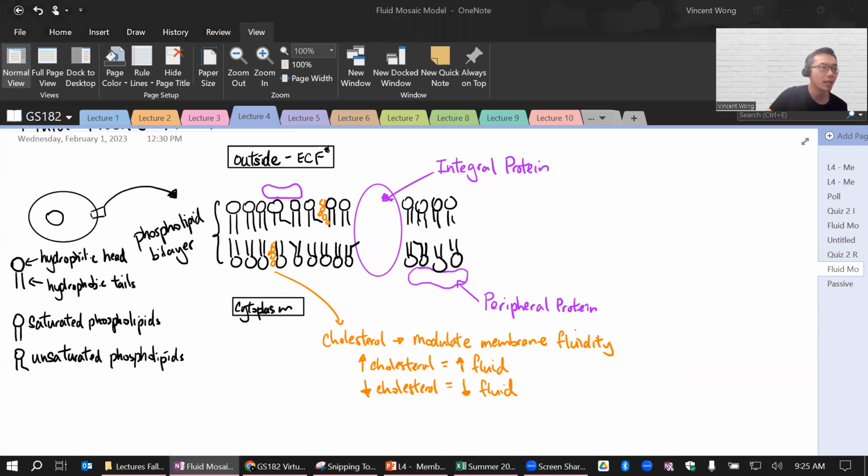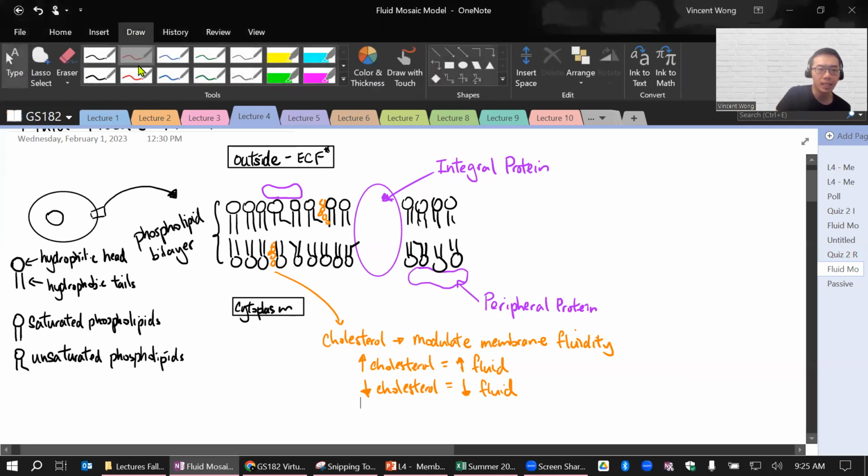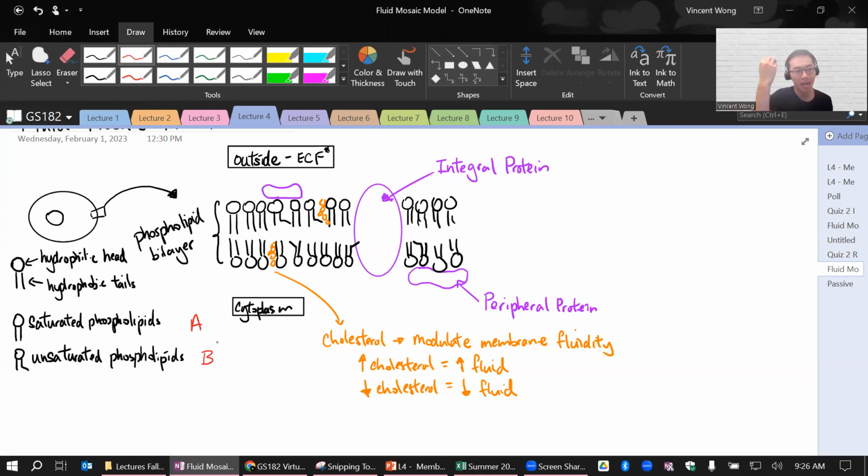My question was, if you want a membrane to be more fluid, do you need A, more saturated, or B, more unsaturated? Pick your choice. You want it to be more fluid. Do you need more saturated phospholipids or more unsaturated phospholipid?